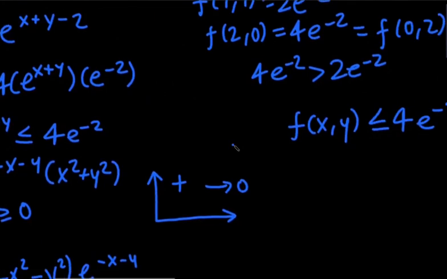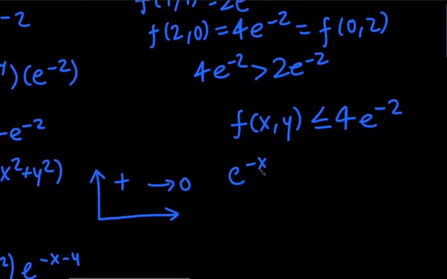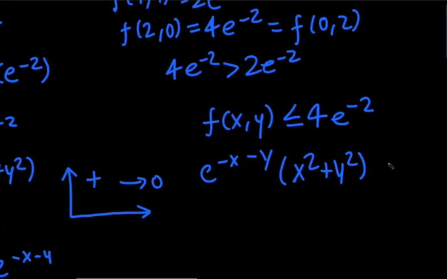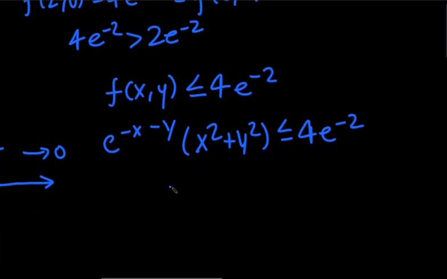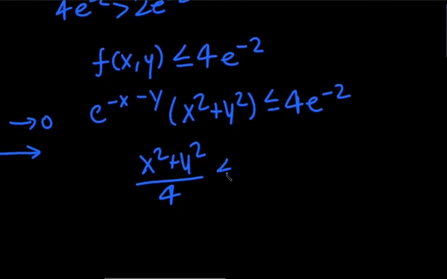So we have e to the minus x minus y times x squared plus y squared less than or equal to 4e to the minus 2, and then we can just rearrange this to get x squared plus y squared by 4 is less than or equal to e to the minus 2 times e to the power of minus x minus y.